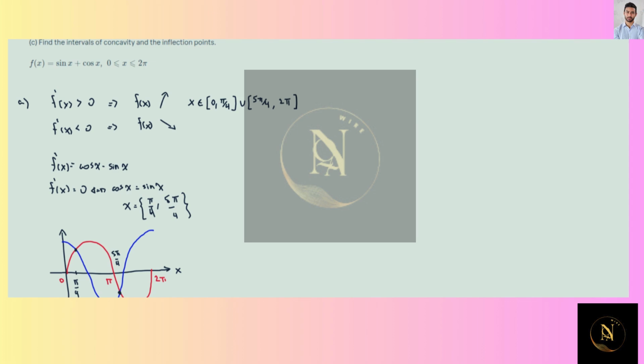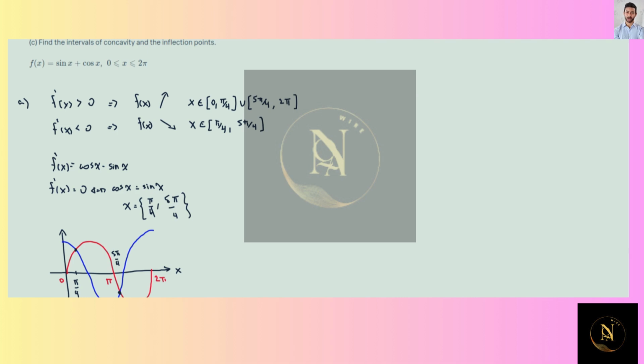On the other hand, the sine is less than the cosine for x ranging between pi over 4 and 5 pi over 4. So in this first region, f of x is increasing, in the second region, f of x is decreasing.